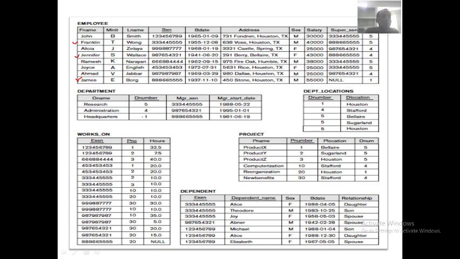Got it? Who is the manager for administration? 987 this. Okay, where is that? Yeah, here. Jennifer is the manager for the administration department, whose department number is 4. Then headquarters, who is the manager? This 888, this person, last, James.